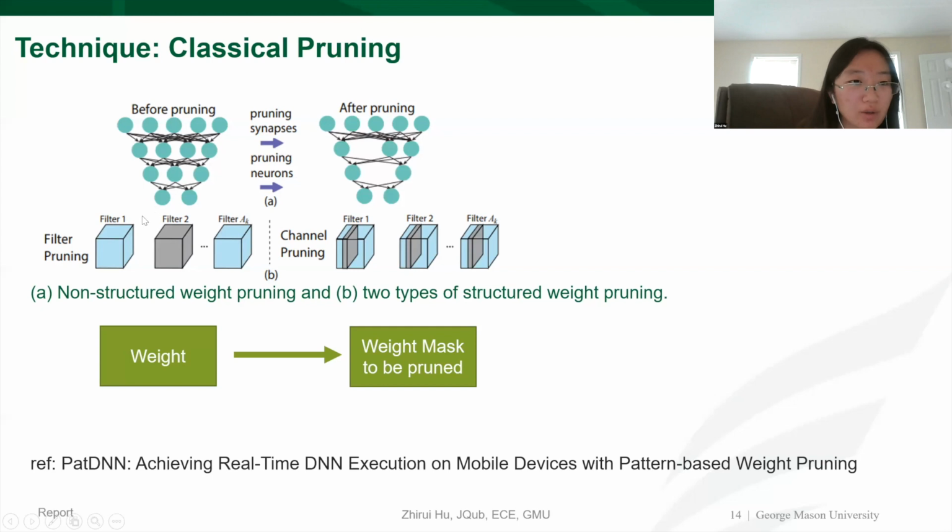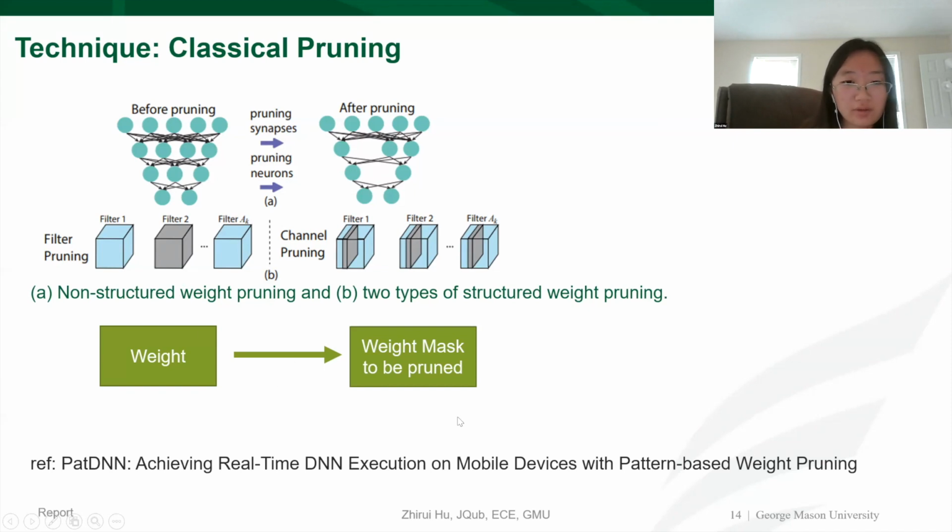So someone proposed filter pruning or channel pruning, which removes a block of weights and makes the weights small, and then we can get a speedup on the hardware. It is called structural pruning.